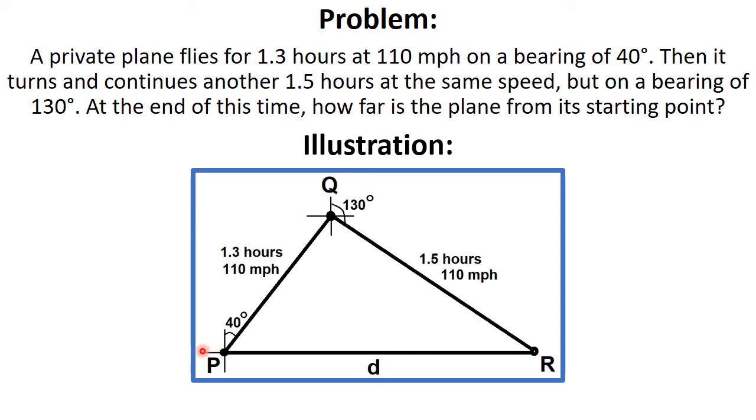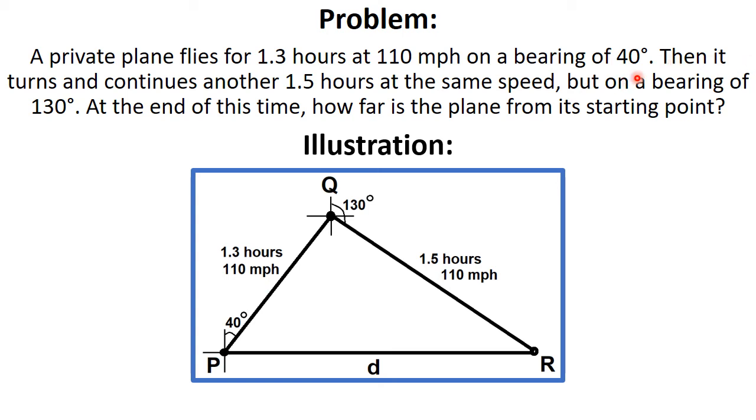Create the axis, horizontal and vertical, and from the north line, rotate the terminal side and estimate 40 degrees. Extend the terminal side as a line pointing to a particular point of estimate. We label that point as Q. Again, you can label it with the variable you prefer. We label line segment PQ with 1.3 hours and 110 mph.